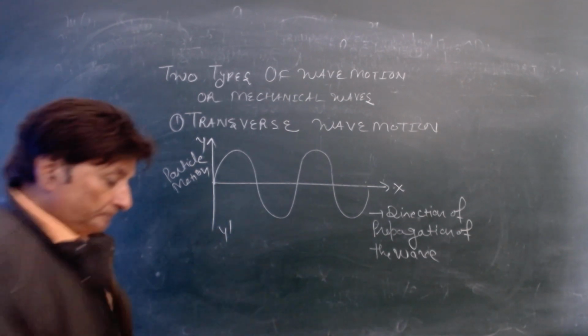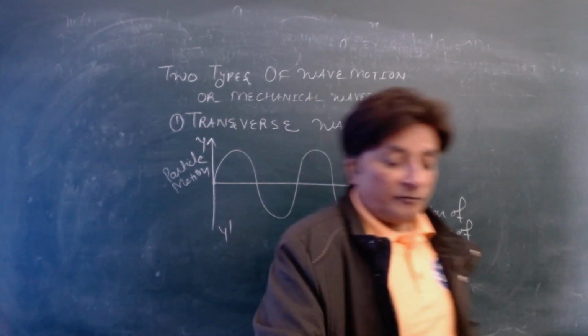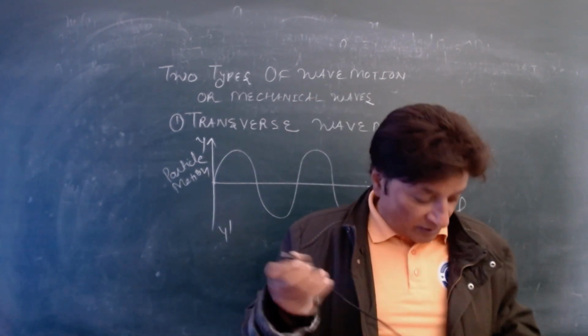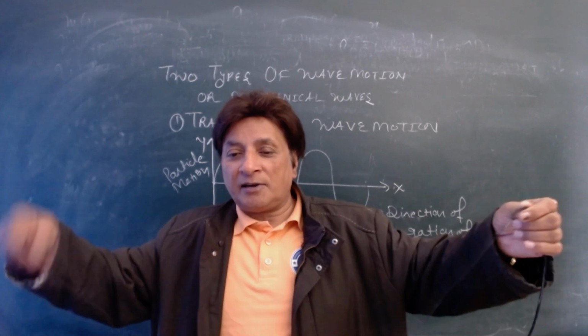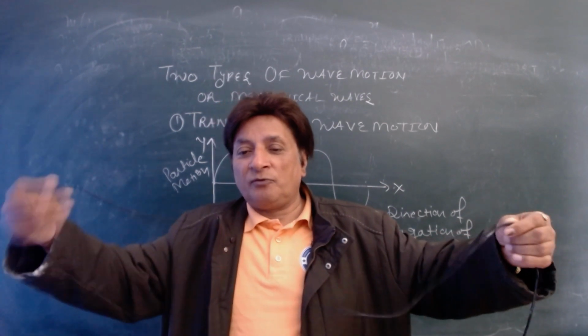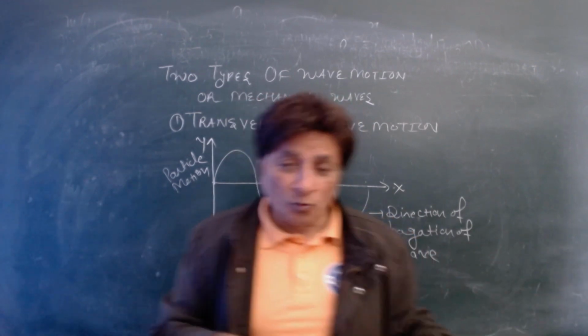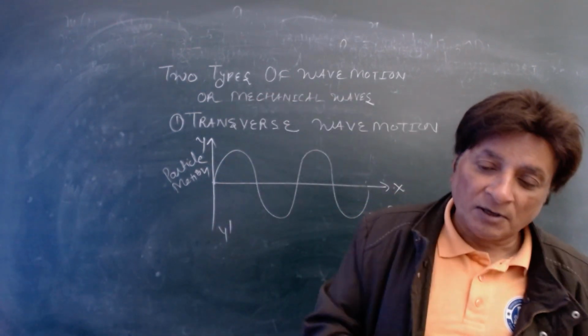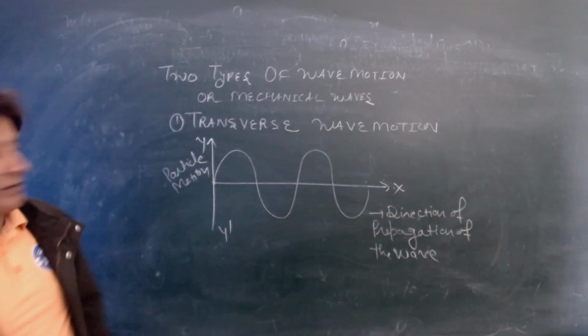For example, if you take a string and create a wave here, you will find that a crest and trough are formed. This is a transverse wave.